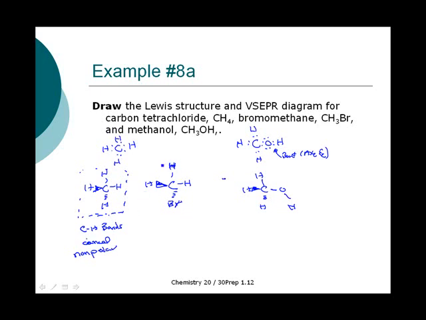If we look at bromomethane, the difference in electronegativity between carbon and bromine is actually fairly high. Carbon has an electronegativity of 2.6. Oops, sorry, 2.6. Bromine has an electronegativity of 3.0. So it's actually a difference of 0.4, which is about the same as the hydrogen-carbon bonds.